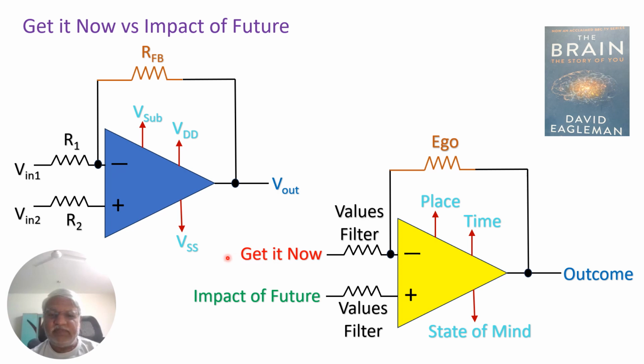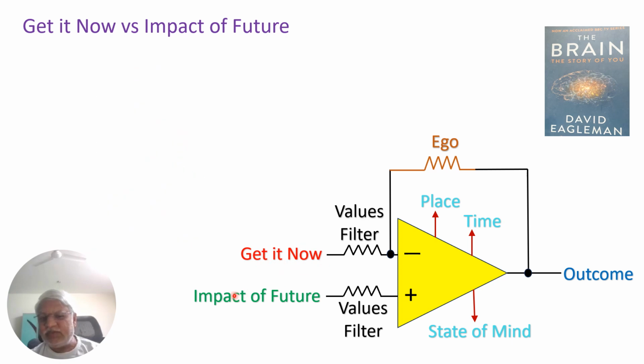Even if the same signals are applied, or one signal, assume that impact of future is not considered and only the Get It Now force is dominantly pushed in, based on the place or time or state of mind, the outcome will differ.